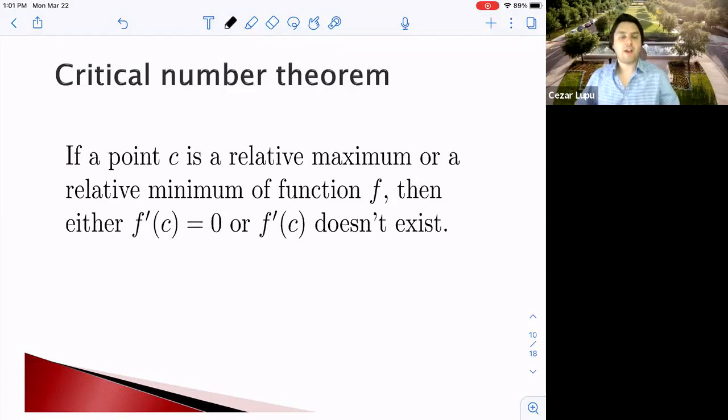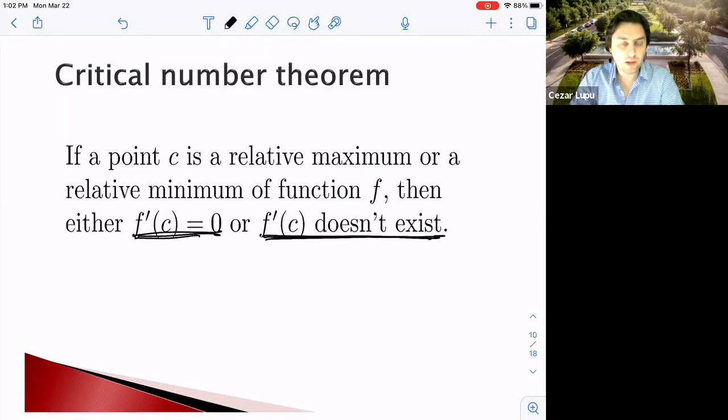All right, so if C is a relative maximum or a relative minimum of a function f, then guess what? Either f prime of C is 0, so the derivative is 0 at that point, or the derivative does not exist. So that's the critical number theorem.